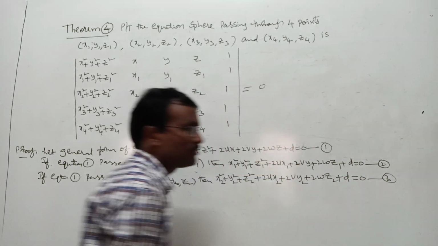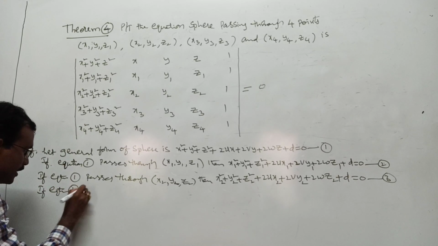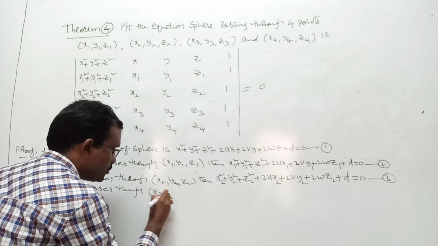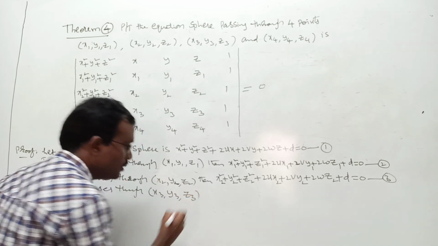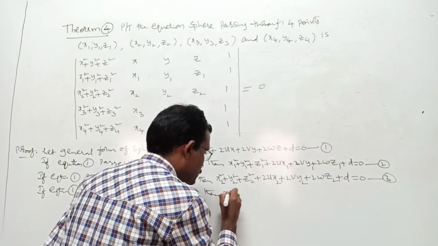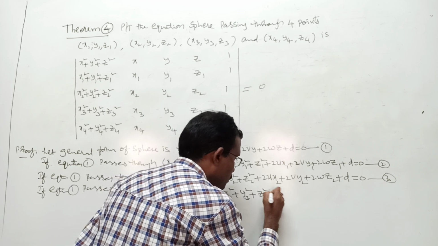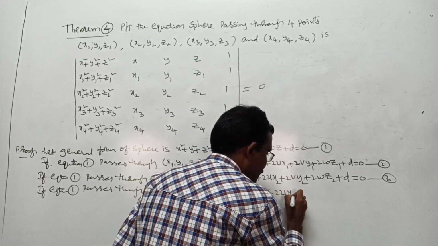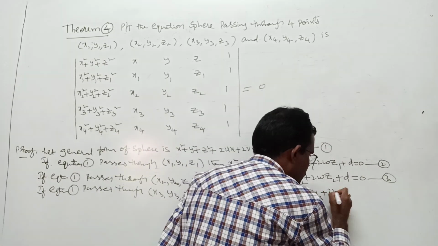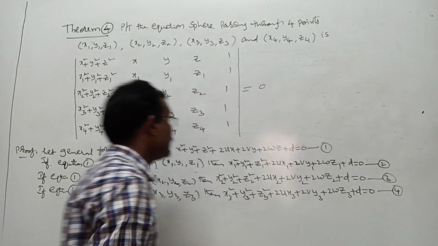This is number 3. In a similar way, if equation 1 passes through the third point x3, y3, z3, then we have x3 square plus y3 square plus z3 square plus 2ux3 plus 2vy3 plus 2wz3 plus d equal to 0. Take it as number 4 now. Again go for the last point.